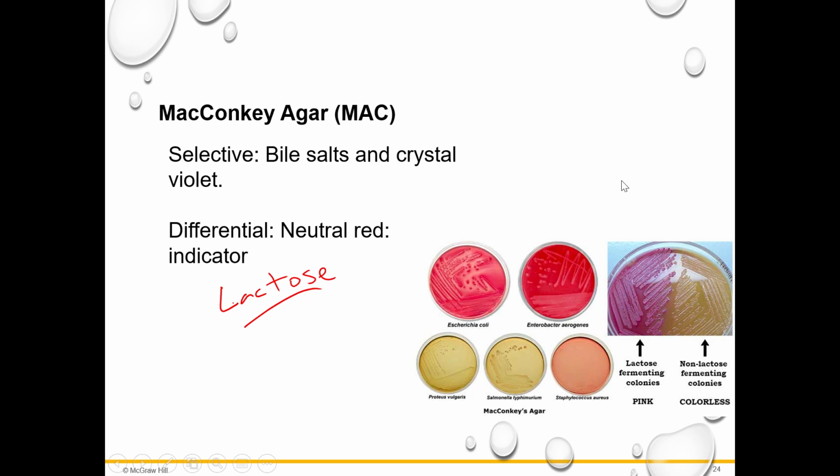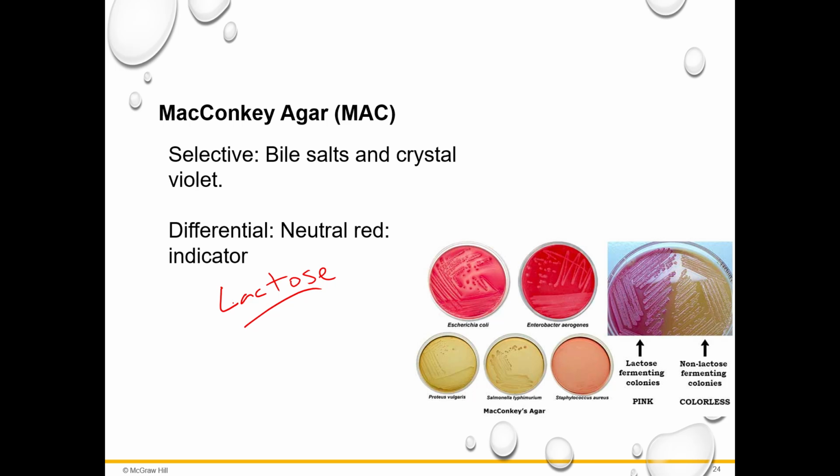MacConkey agar is predominantly used for enteric pathogens, those pathogens that grow in the digestive tract. In the digestive tract, you have a lot of probiotics, a lot of good guys, and those good guys are usually gram-positive organisms. So we grow it on MacConkey because MacConkey kills off the gram-positive organisms, those good guys. We don't care about them in this instance.